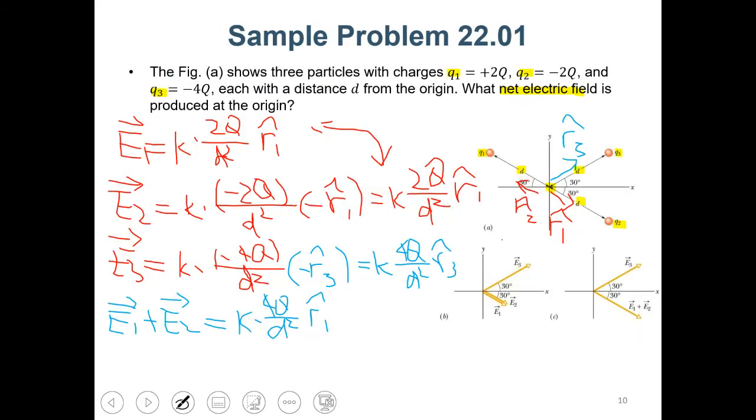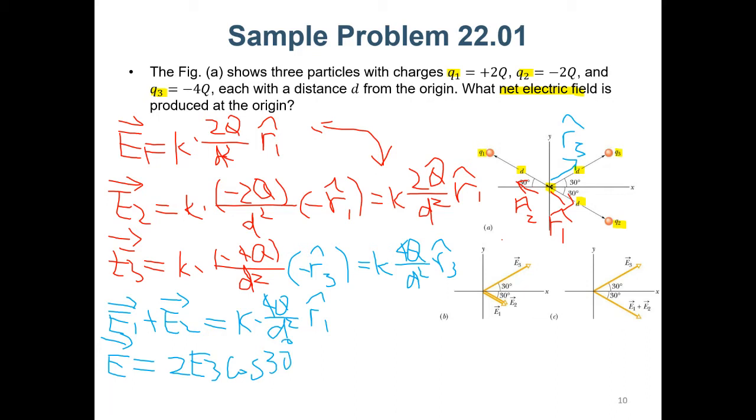And we should be able to know that E should be E1 plus E2 plus E3, which means that it should be 2E3 cosine 30 degrees and point to the i direction, because when we add E1 and E2 together, it is this one, and E3 points to this one.